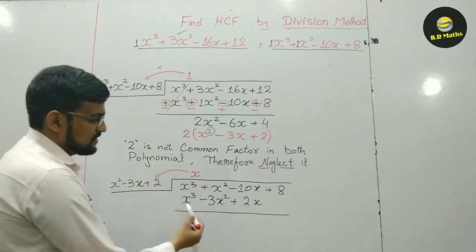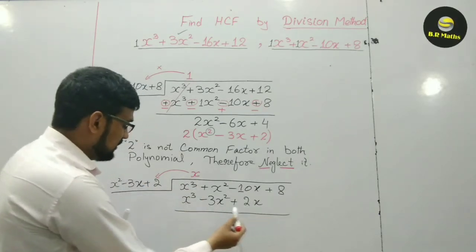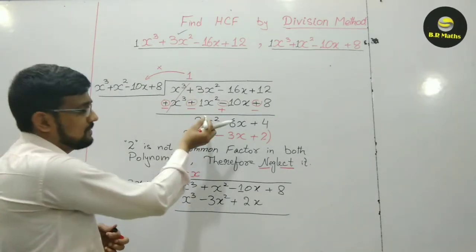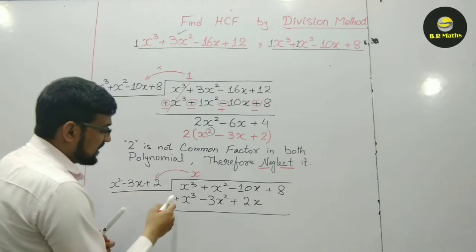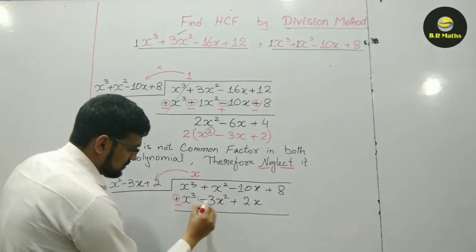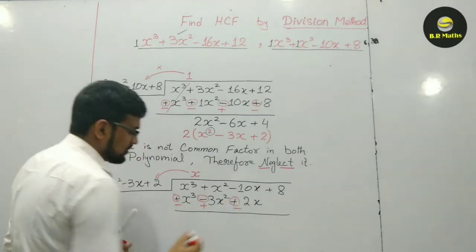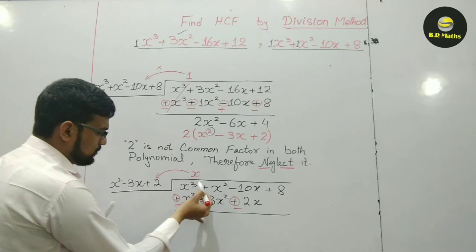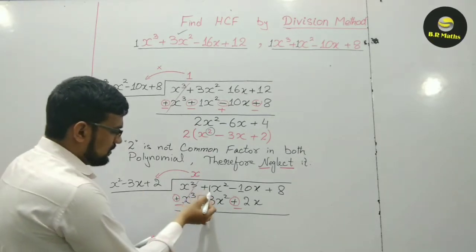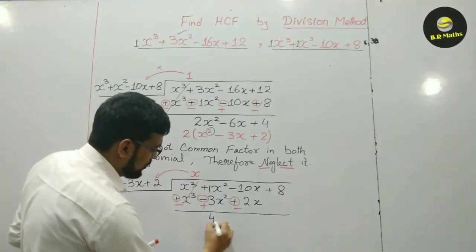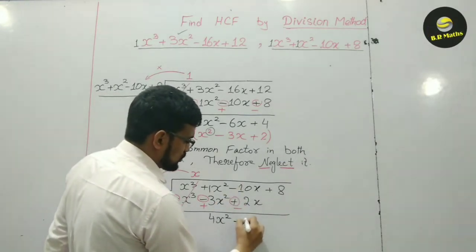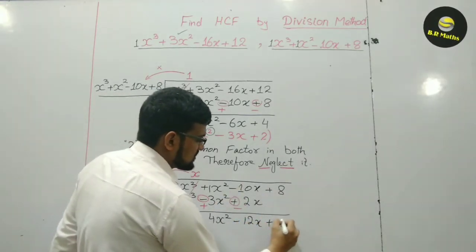When x multiplies this one, write it here, and the sign, similar to this step, the sign of the terms has changed. Okay, and then the first term x cube cancels with each other, and the remaining terms 1 plus 3 becomes a 4. x square minus plus minus 12x plus 8.